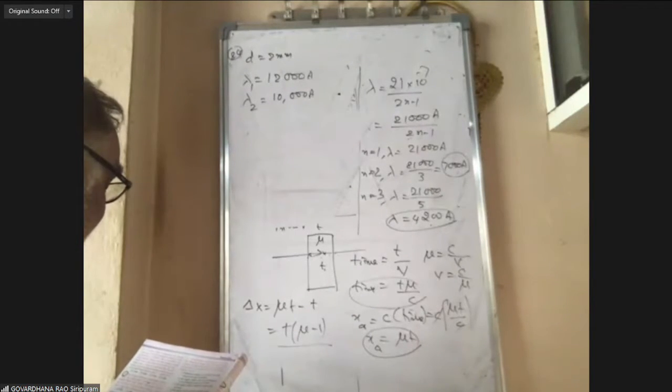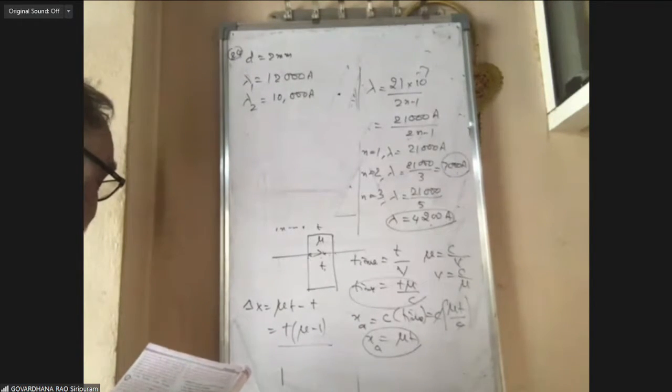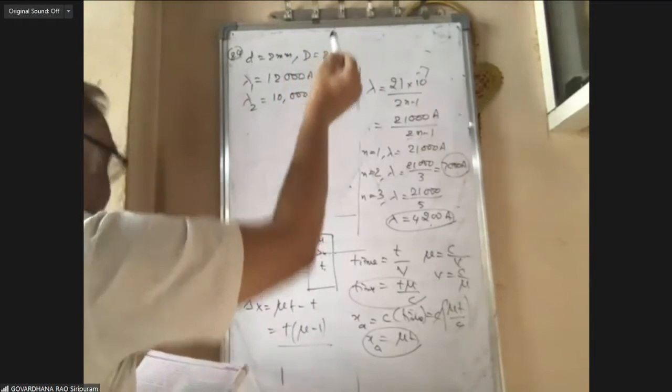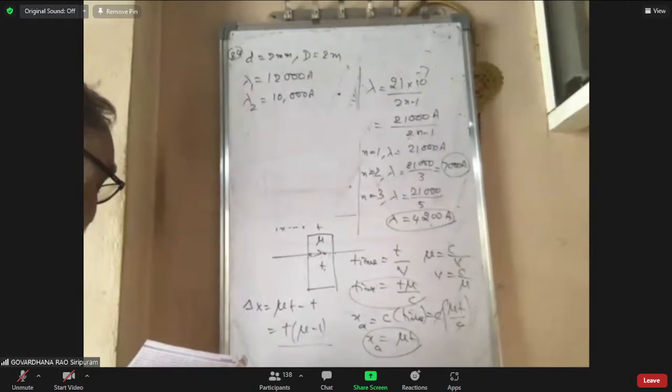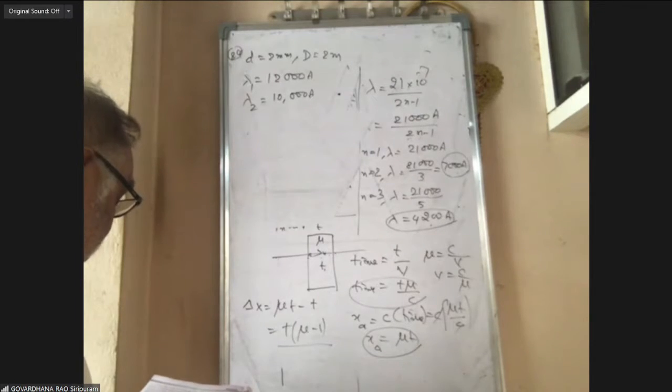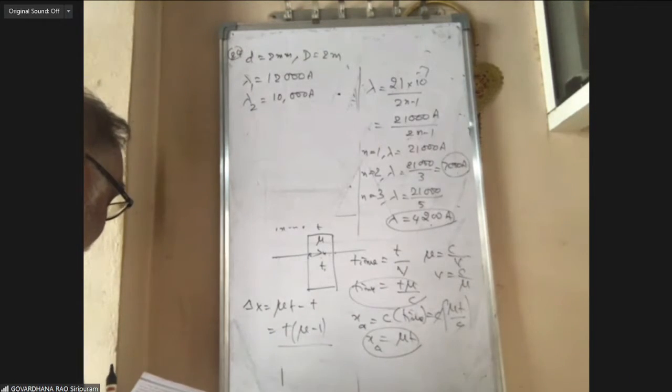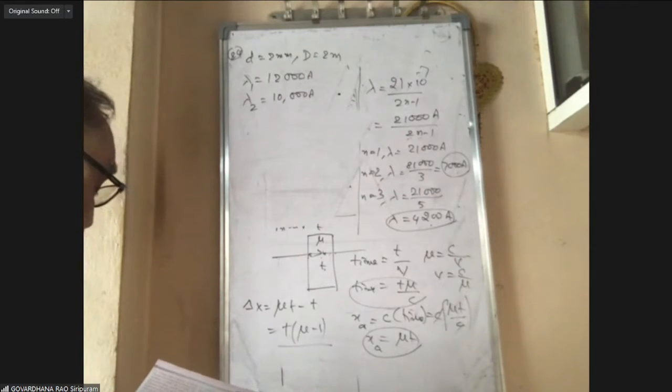At what minimum distance from the common central fringe on the screen, 2 meters from the slits, will a bright fringe from one interference pattern coincide with a bright fringe of the other? That is the question.